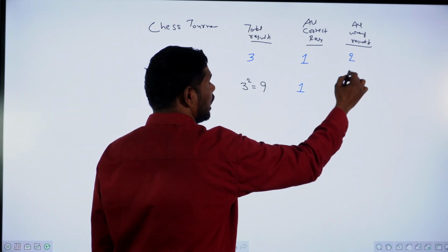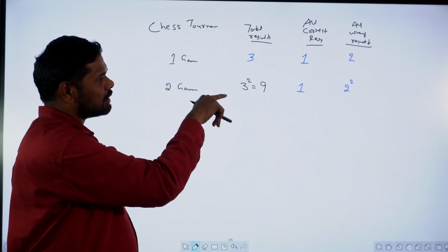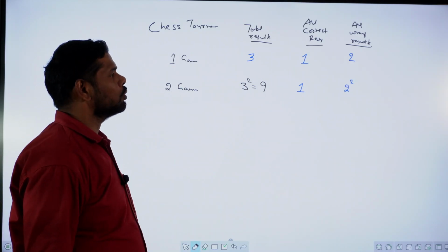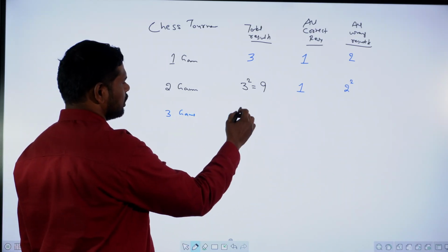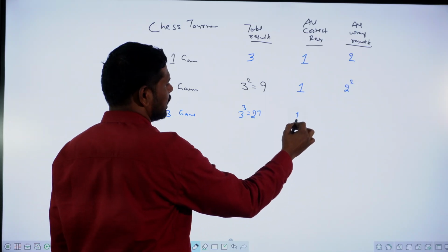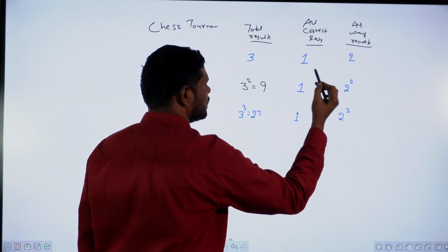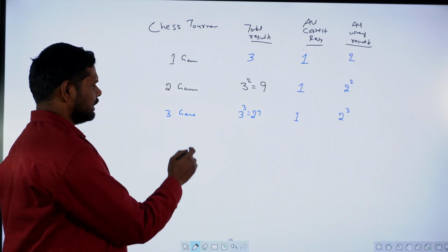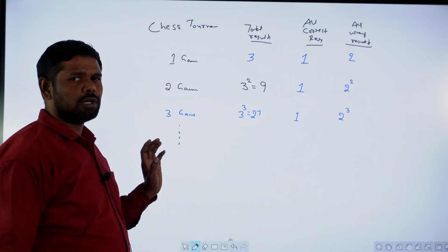All wrong results, meaning every game is wrong, are announced in 2 squared ways. Similarly, if 3 games are held in the tournament, total results possible are 3 cubed, 27 ways. All correct results are announced in one way, but all wrong results are announced in 2 cubed ways. These are some illustrations only.